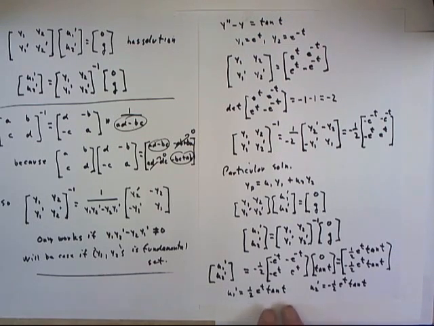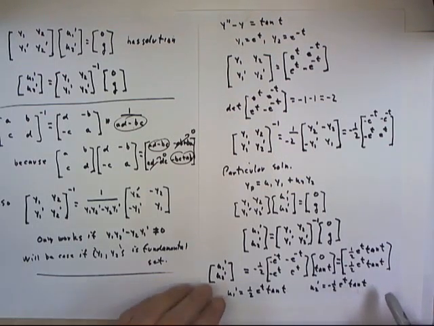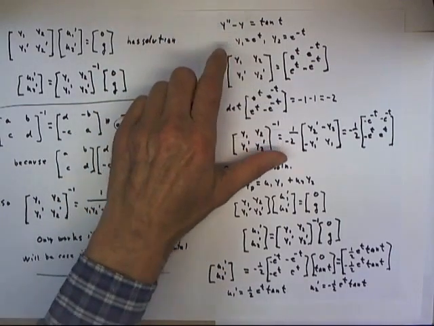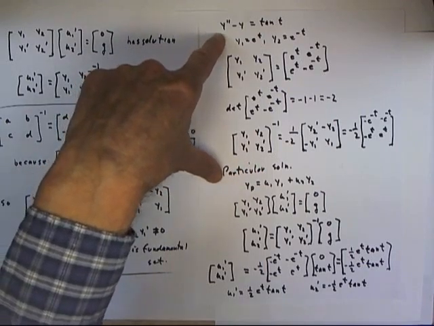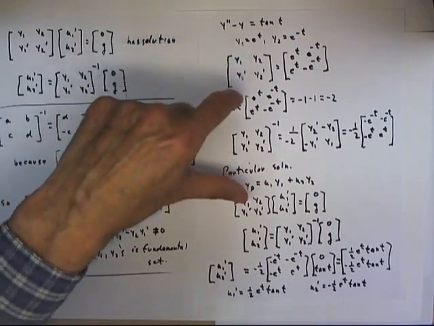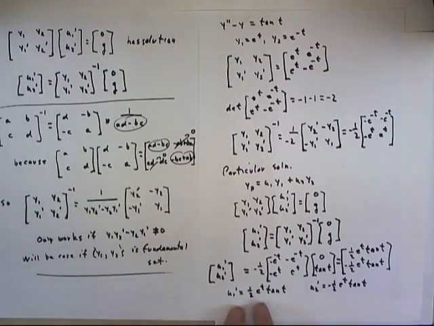So the method simply comes down now to integration. And I'll point out finally that anytime we have a fundamental set for our homogeneous equation, this method will lead us to expressions for U1 prime and U2 prime.